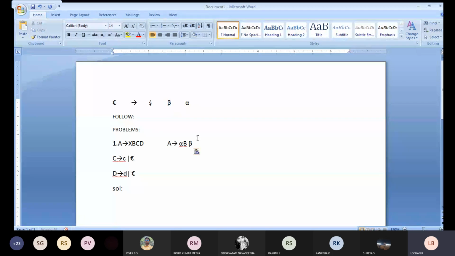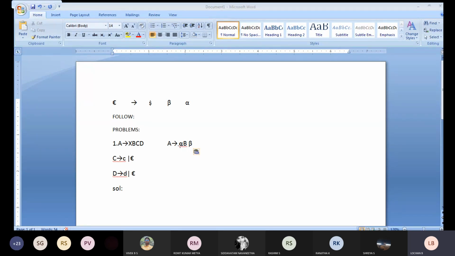X, B, C, D are all non-terminals, which are represented by capital letters. Directly you will not get a terminal here. So alpha I am going to take as X, B I retain as B, and beta I take as CD.